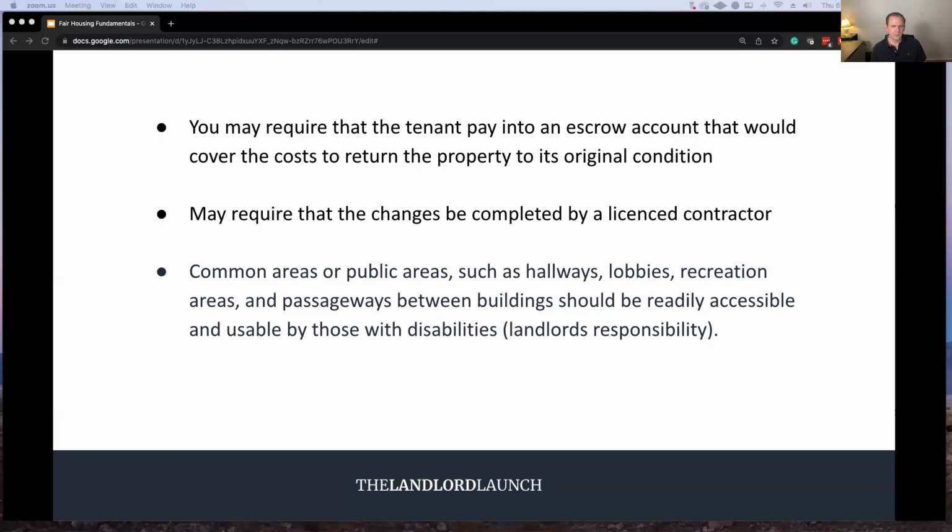Now, on apartment buildings and some buildings built after a certain date, this gets a little more complicated. Common areas, certain public areas, hallways, things along those lines. A lot of times that actually falls on the landlord, especially if the building is built after a certain date, or if they do a renovation that pulls them out of grandfathered status, they may be required to bring that up and also be responsible for those things in the future.